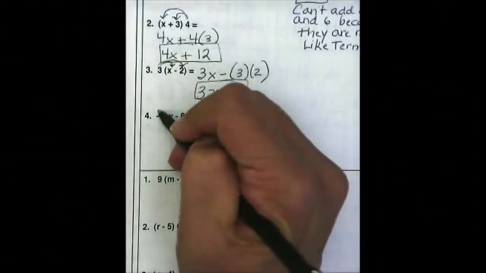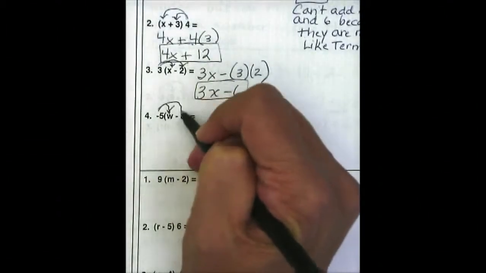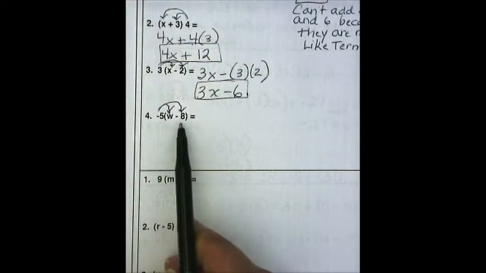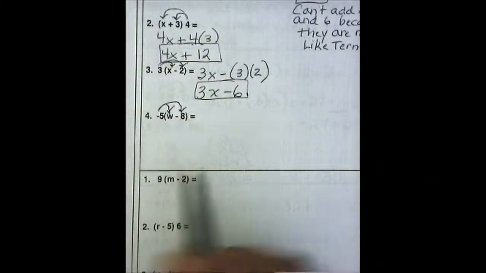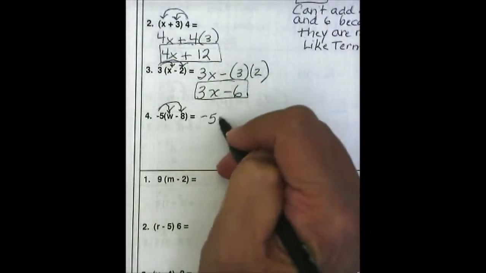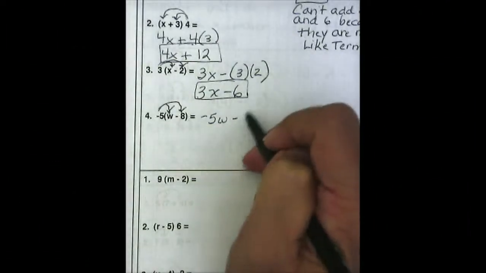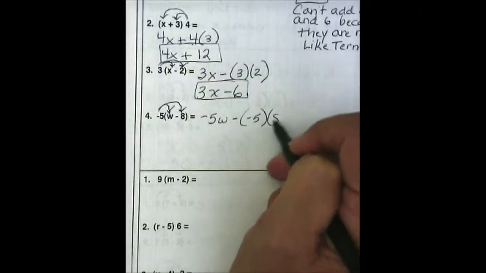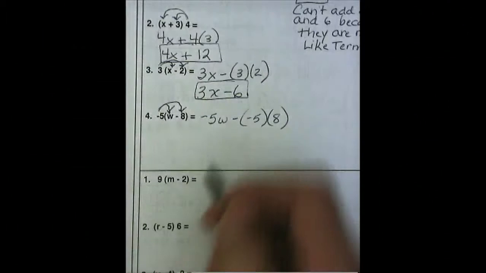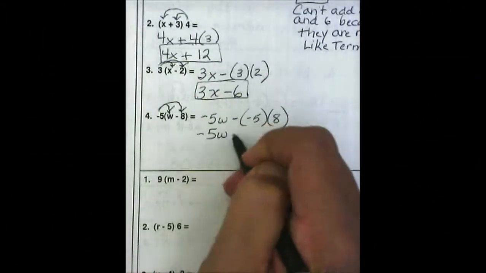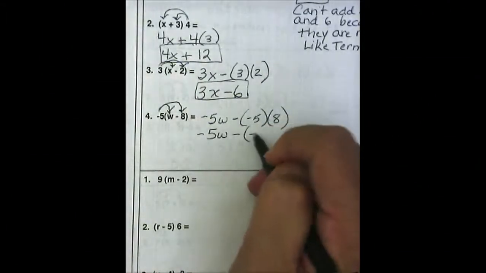Number 4, we're going to take the negative 5 and we're going to distribute it to w minus 8. So negative 5 times w is negative 5w minus negative 5 times 8. Negative 5w minus negative 5 times 8 is negative 40.